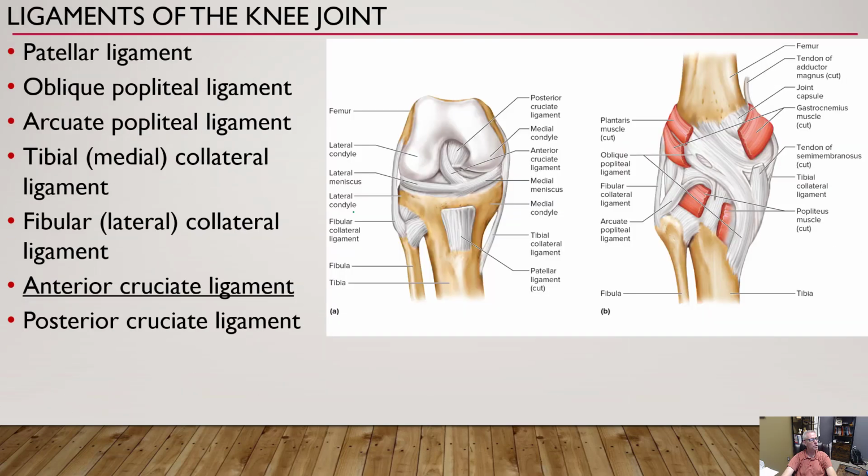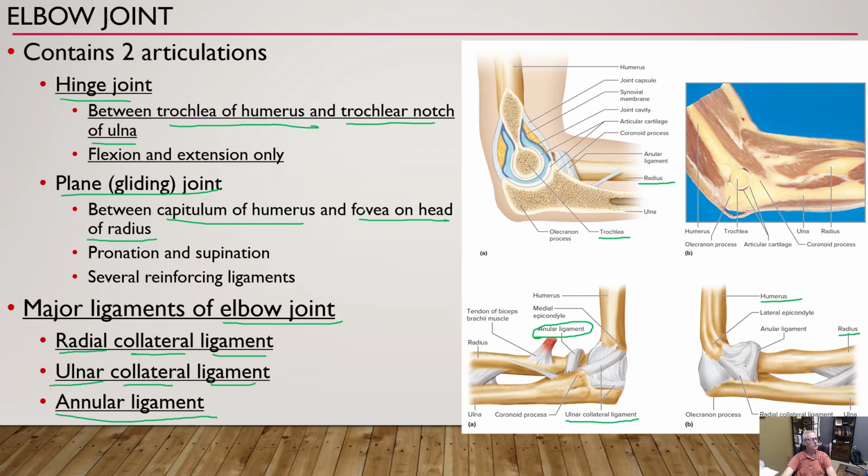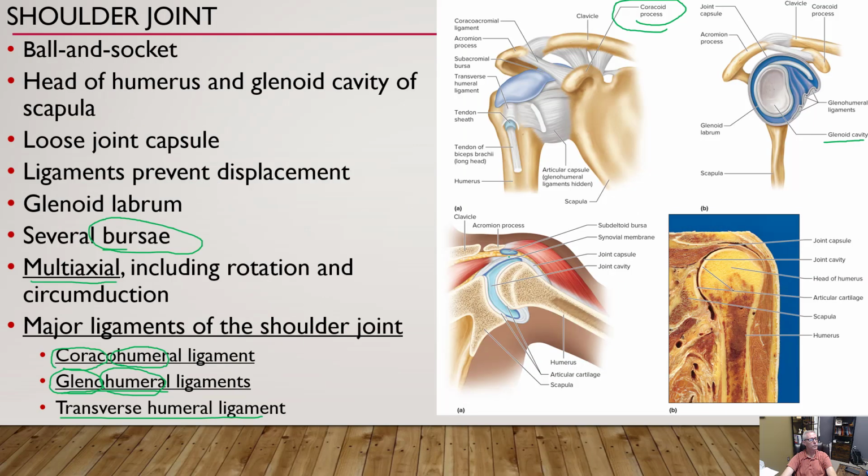And if we look at the shoulder, the head of the humerus goes in the glenoid cavity, but the glenoid cavity doesn't really surround the head of the humerus all that much.